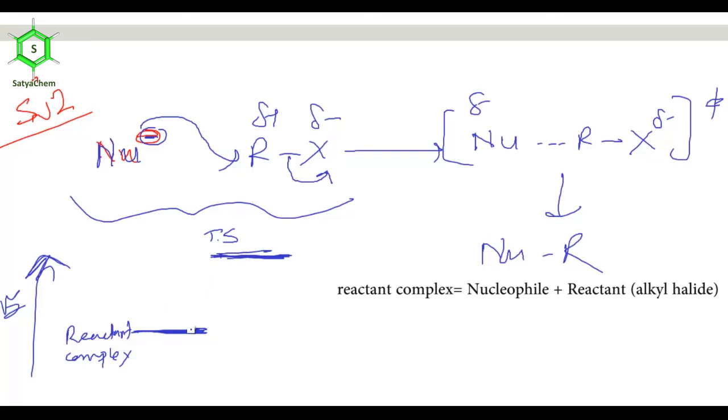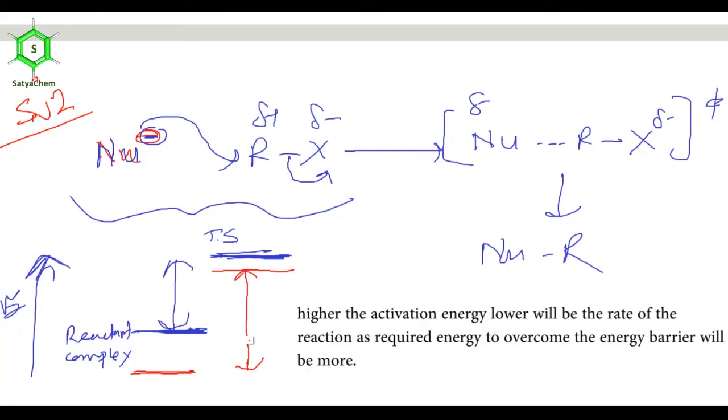So this is the energy difference. But if we increase the solvent polarity, then the reactant complex gets stabilized more and the transition state is stabilized less. If it happens, see, the activation energy increases when you increase the solvent polarity.